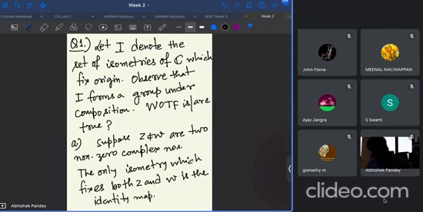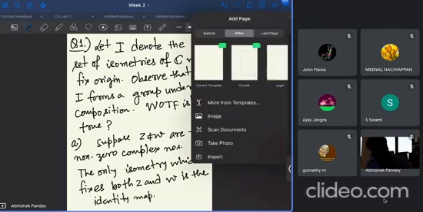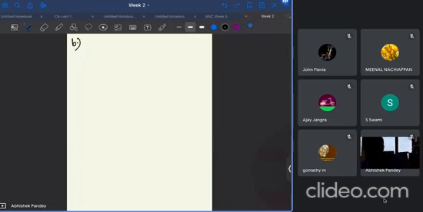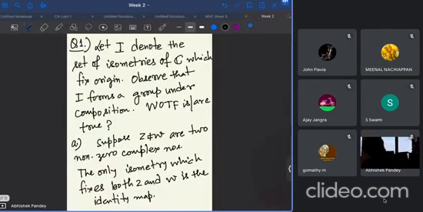Now the next option is the same thing, meaning up to here the statement is the same.